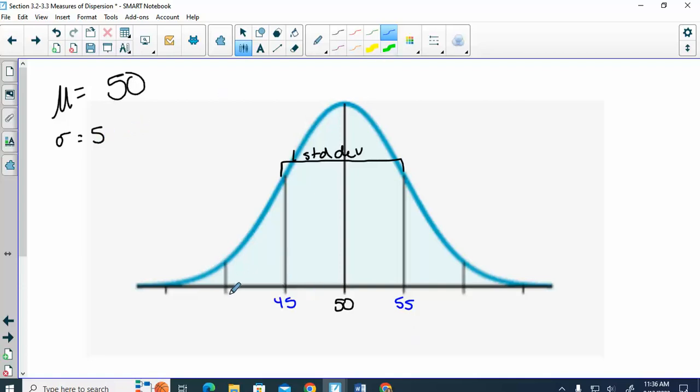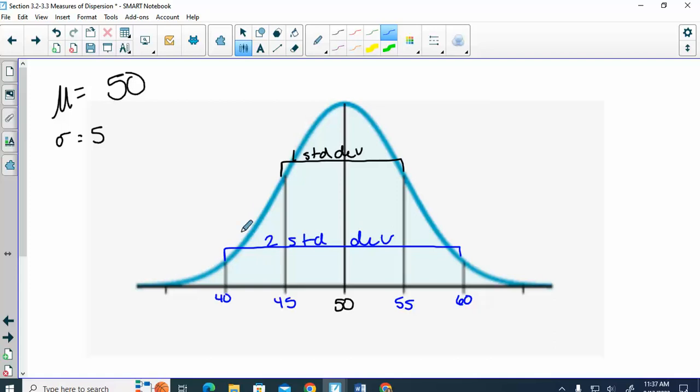So two standard deviations. So two standard deviations below, if you subtract another 5, that would be a 40, and this would be a 60. So two standard deviations is everything from 40 to 60. And the empirical rule says how much of our data should fall there? 95%. So if I had 100 values, I would expect 95 of them to be some number between 40 and 60.